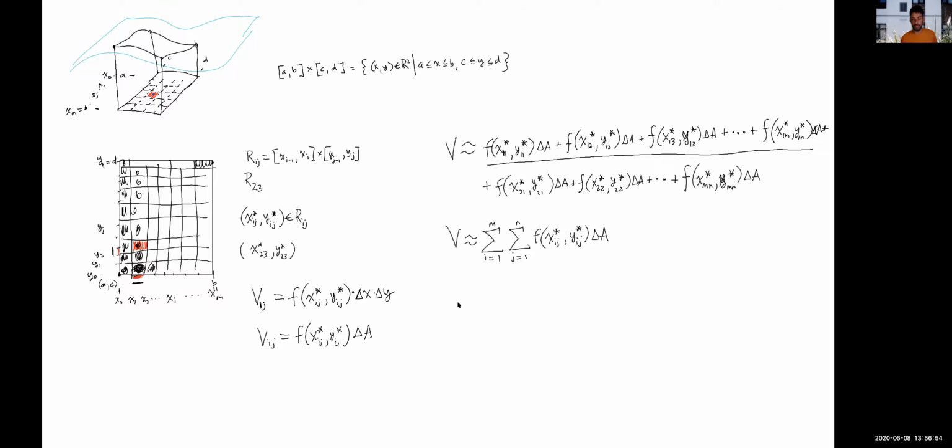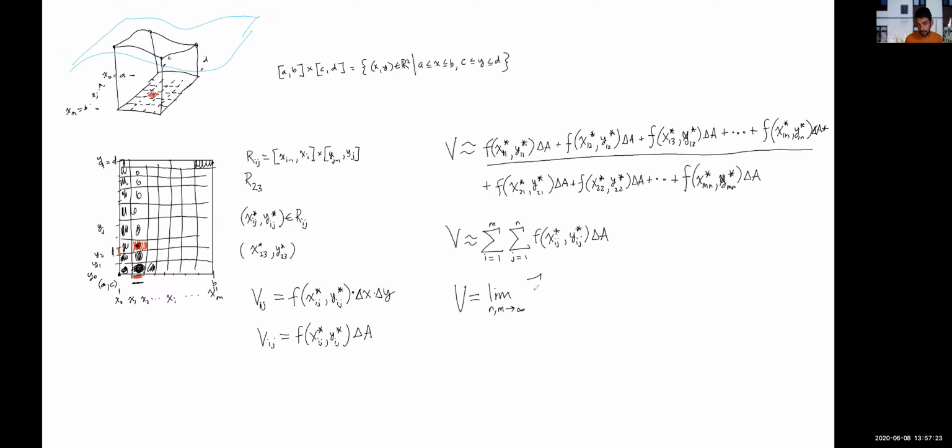All right, so you can probably guess what we do next. We are going to take a limit, because if we make those rectangles smaller and smaller, we will say that if this limit exists, of course, this is equal to the volume, right? The limit, though, is a little more complicated. We need n and m going to infinity.